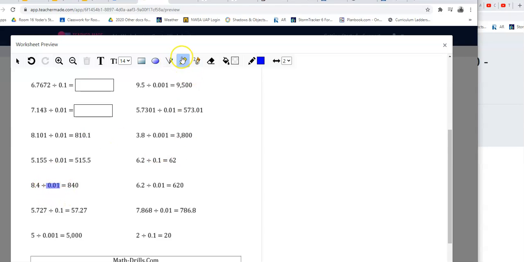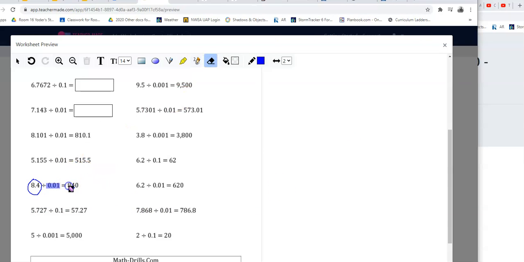And so when you are dividing by a power of 10, you should begin to see patterns with the answer. Here you started with 8 4/10. When you divided it by 1/100th, all of a sudden you still have an 8 and a 4 in your answer. The decimal is just at a different place.